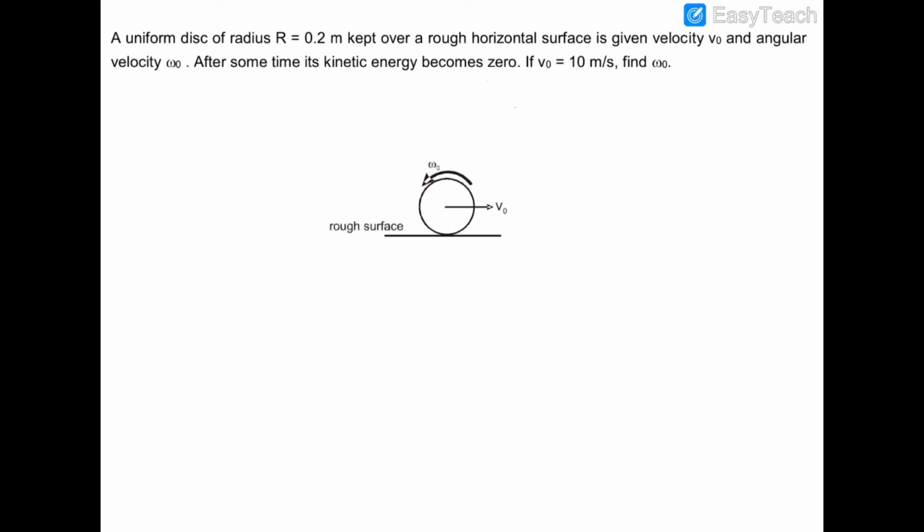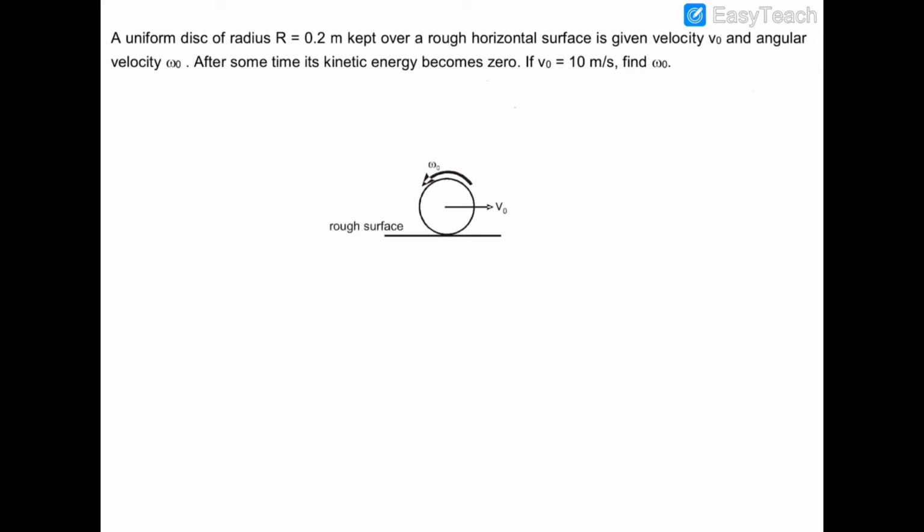Now after some time the velocity of this disk would become 0 and the angular velocity of this disk would also become 0. So we have to find out omega naught, if after some time the kinetic energy of this disk becomes 0.